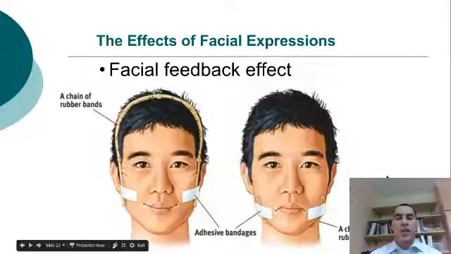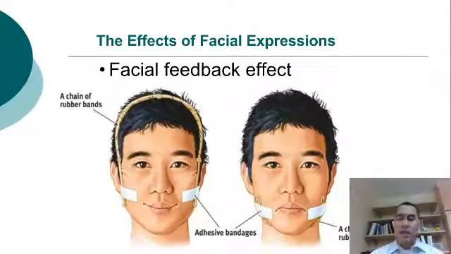And based on the shape of the mouth, they assessed the person's emotional response to different items. And when the rubber bands were taped here to force the smile, there was a more general positive reaction. And when the mouth was forced in a downward position, there was a more negative reaction.